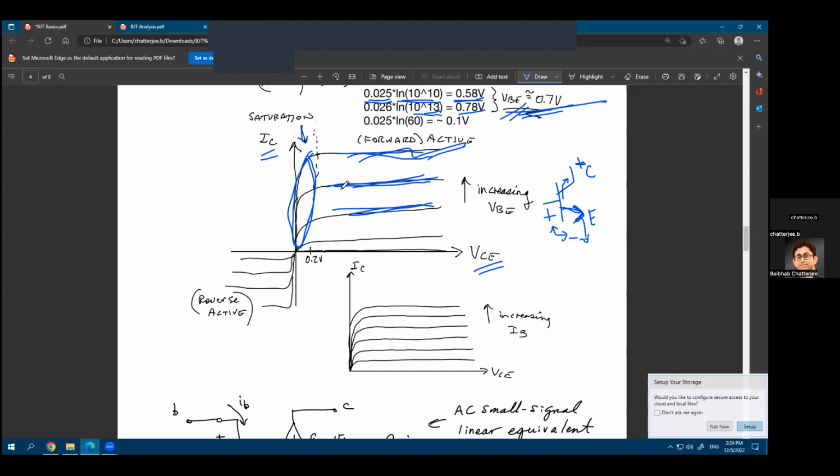So that's why historically, there is a difference in the naming convention of BJTs and MOSFETs when you're thinking about their operating regions. So for BJT, this is called saturation, and this region is called active. For MOSFET, this region is called the linear region or the triode region because you have a linear resistor over here. And this region where your current is saturated, that is called your saturation region or active region.